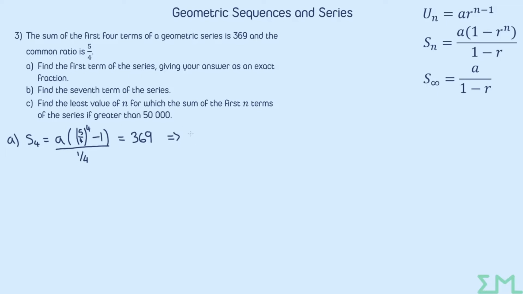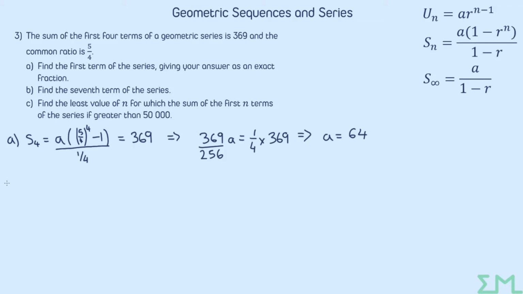Okay, so doing a bit of rearranging, we get 369 over 256 a is equal to a quarter times 369. Solving that, 369 is going to cancel. A quarter times 256, that tells us that a is 64.